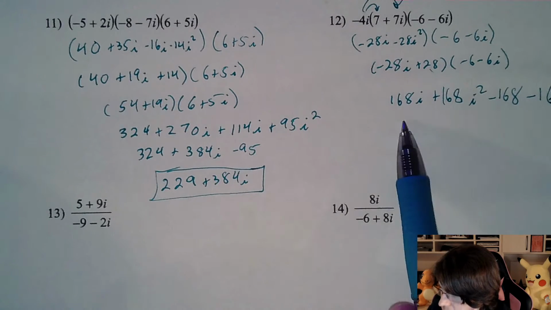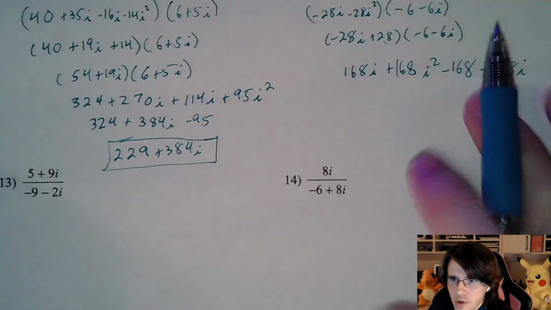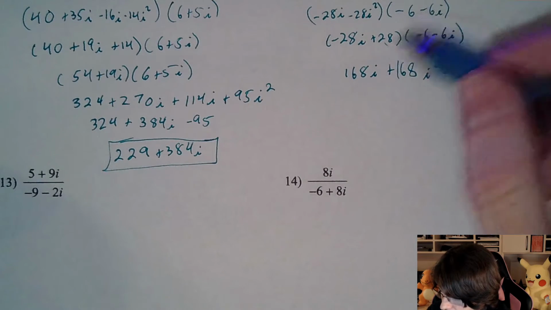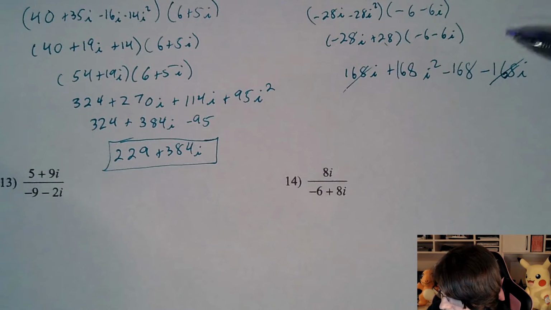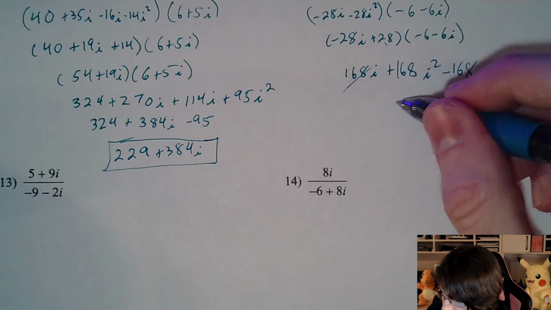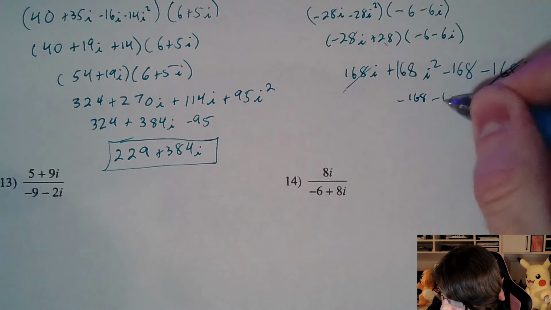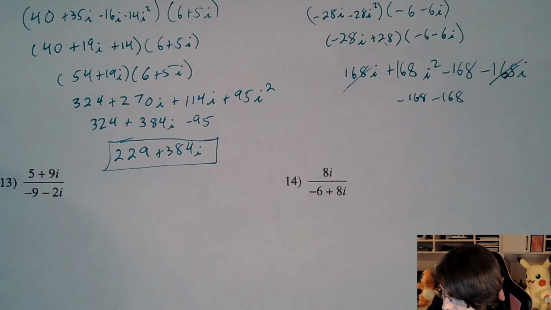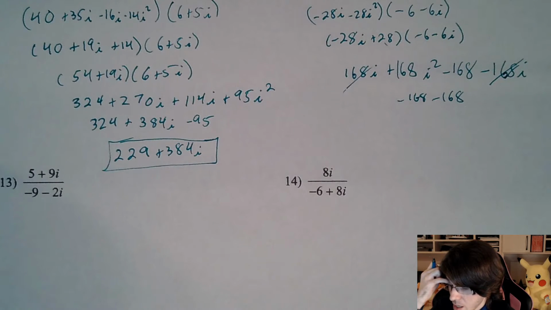So we have 168i, and oh, you can't even read what I wrote. Negative 168i, those guys end up canceling out. i squared is negative 1, so this is negative 168 minus 168. And there are no i's left. We will write an i in our very final answer.